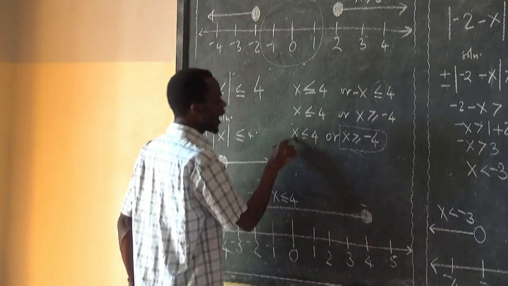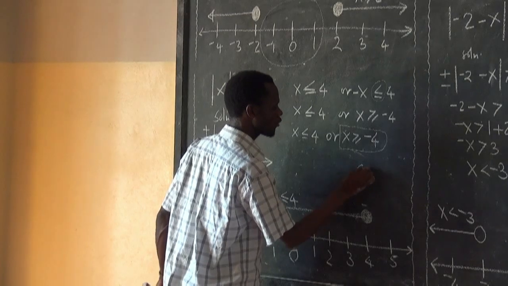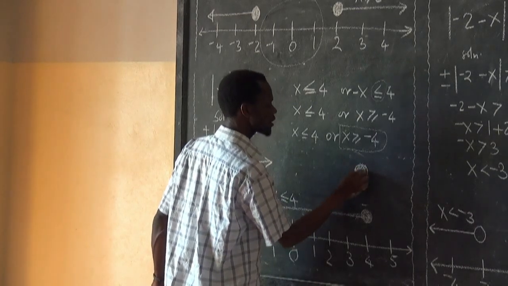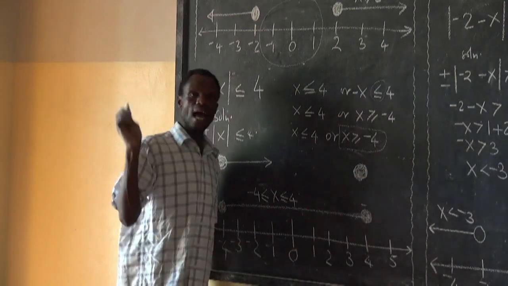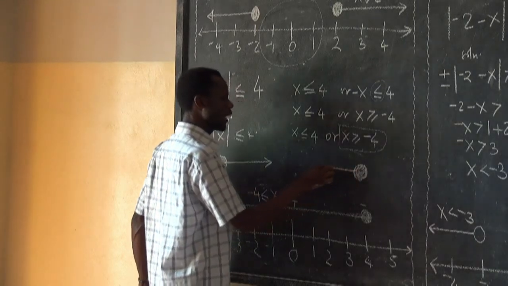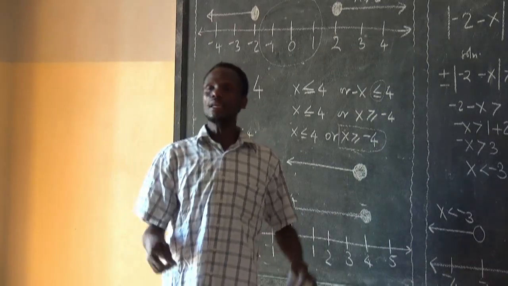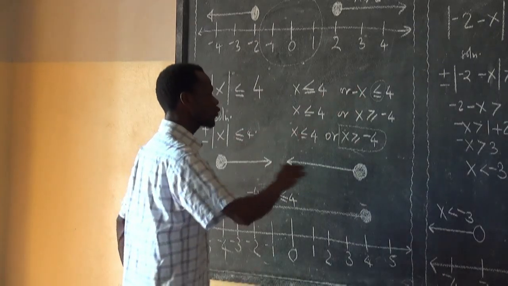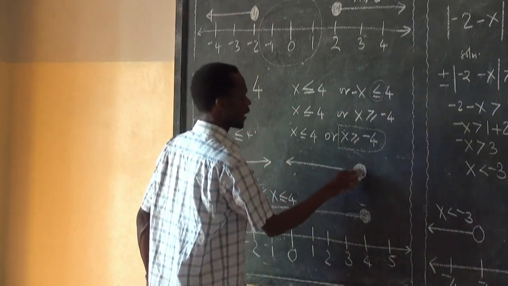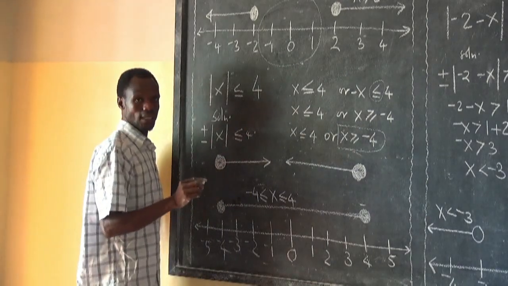Now, x is less than 4. 4 is here. But also this 4 is included because of the equal sign. Now, we say less than, we draw the line to the left. Less than to the left, and greater than to the right. A line to the left, that is less than, and a line to the right, that is greater than.